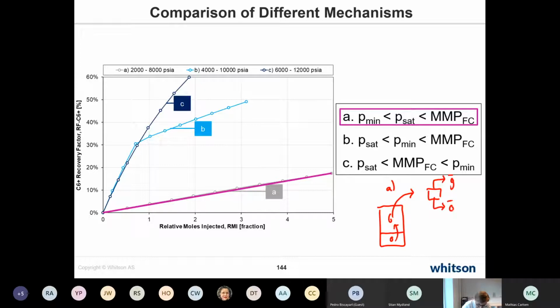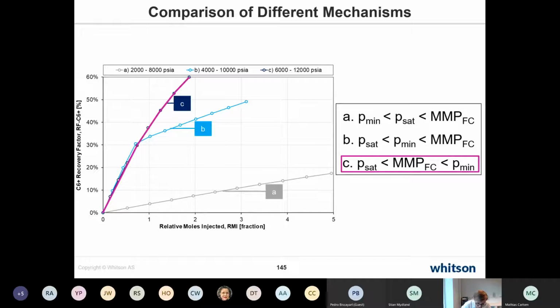And the incremental oil, the additional oil recovery, is produced and achieved through the surface oil right here.